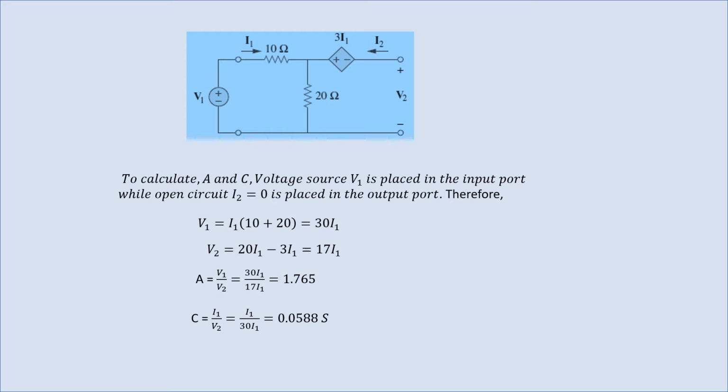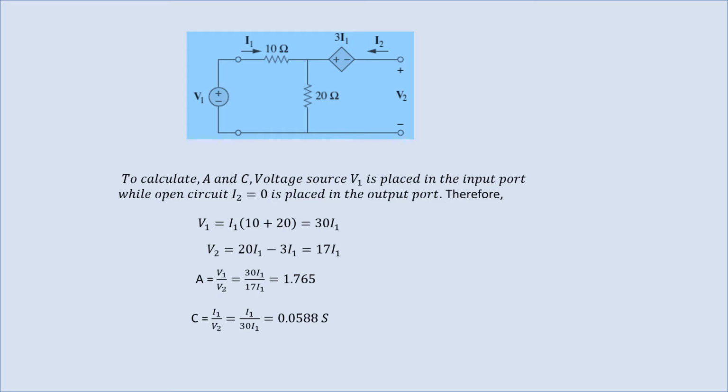Now, the equivalent resistance in the circuit is the 10 plus 20. The two resistors will be in series and not in parallel, if the I1 is the one flowing through it. So we have V1 equals I1 bracket 10 plus 20, and our V1 will be 30 I1.